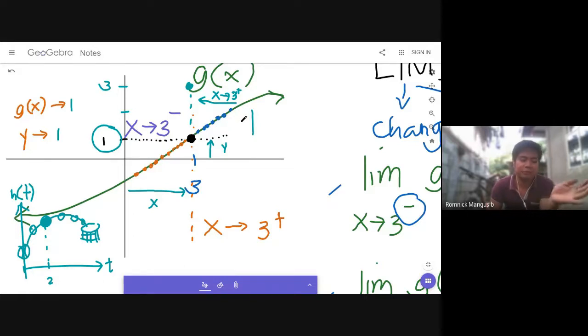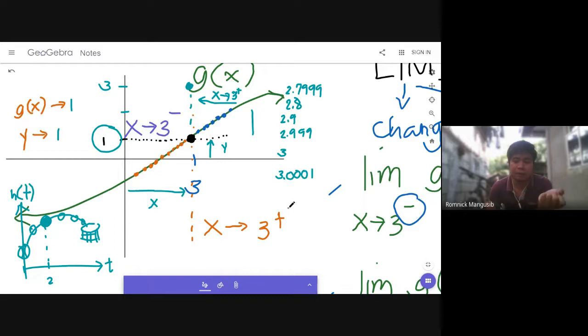However, when you are from the left and you're getting closer to 3, nilalakihan mo ang value. To understand that, syempre, lalapitan mo ang 3. So you have 2.999, 2.9, 2.8, 2.7999. Di ba lumalaki ang value kasi you are moving to 3? Pero kapag you are moving to 3 from the right, ang nangyayari dyan is that, halimbawa, galing ka sa 4.